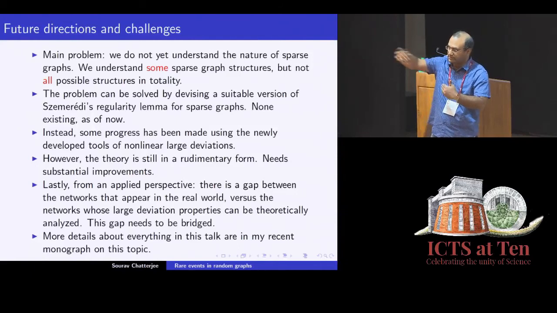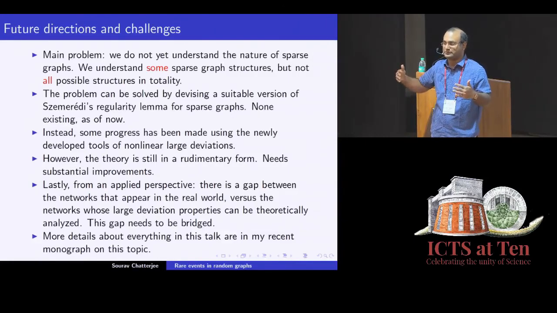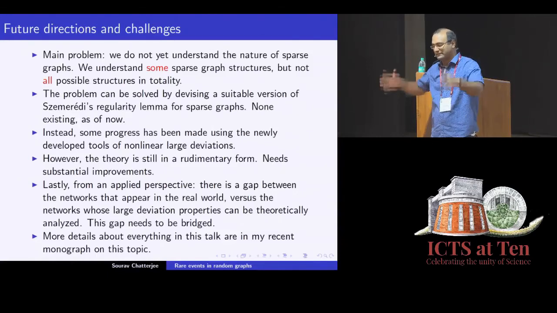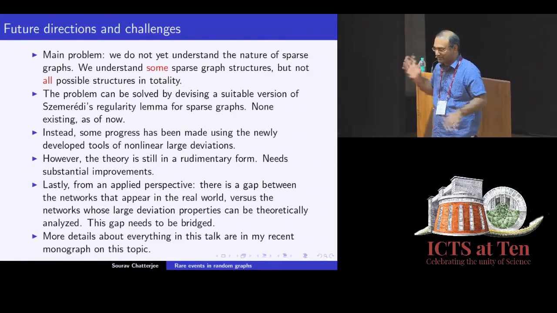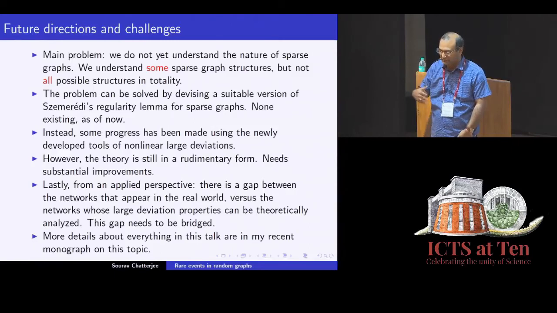So there's a whole intermediate range of the number of triangles which is not captured by this statistical physics model, so you cannot really use that to understand. Initially I was trying this statistical physics kind of approach, but then it became apparent that it will not work because the exponential random graph models will not capture this intermediate range.